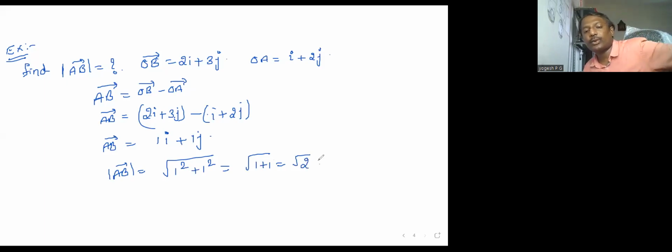Magnitude of AB vector is root of 1 squared plus 1 squared, root of 1 plus 1, that is root 2. So this is how we are finding the position vector of AB and the magnitude of AB vector. You got my point?